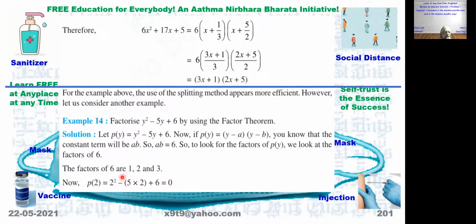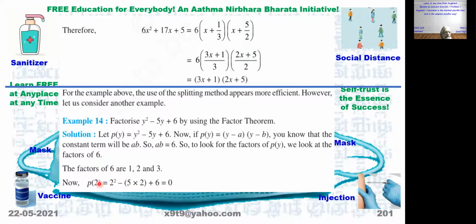Find the value of the polynomial at y is equal to 1, y is equal to 2, y is equal to 3. By substituting 2 here, we get 2 square is 4, minus 5 into 2 is minus 10, and plus 6. So plus 6 and plus 4 and minus 10 becomes 0.